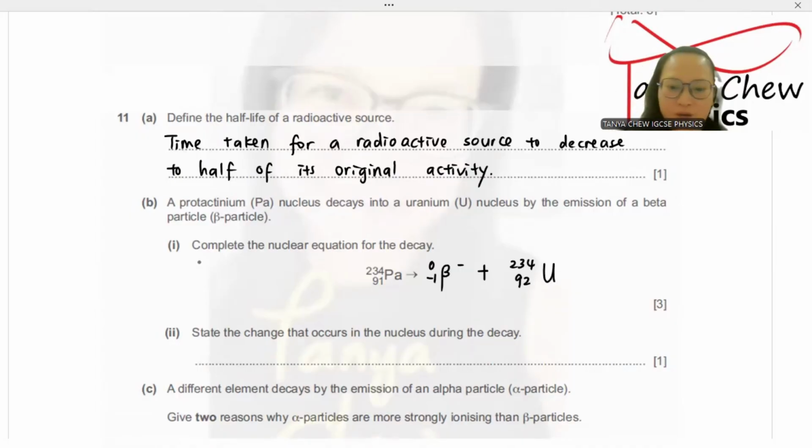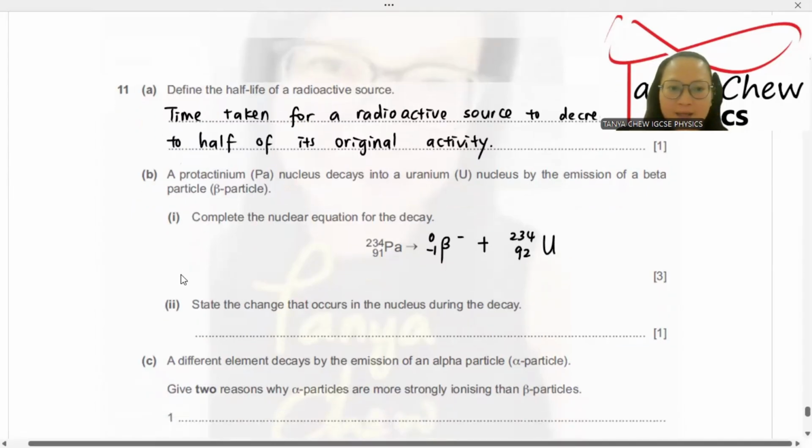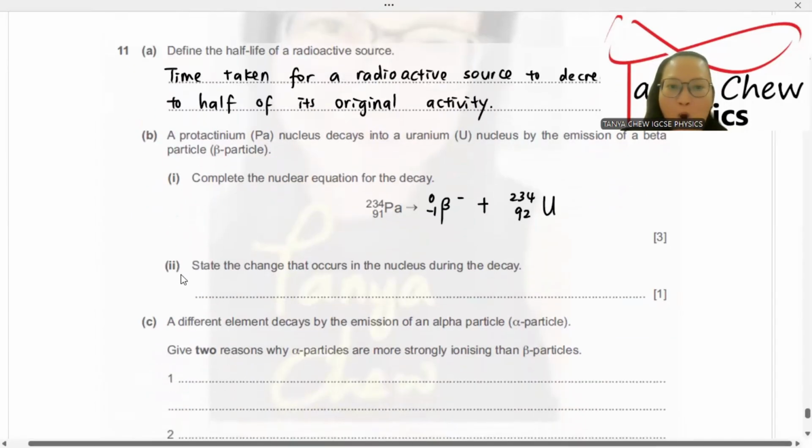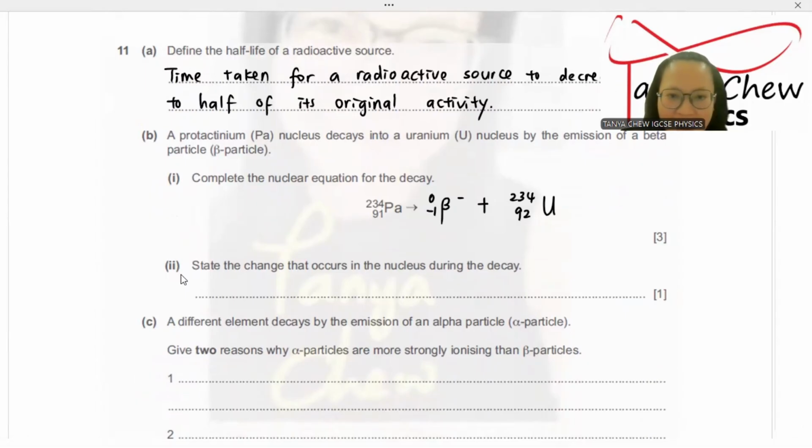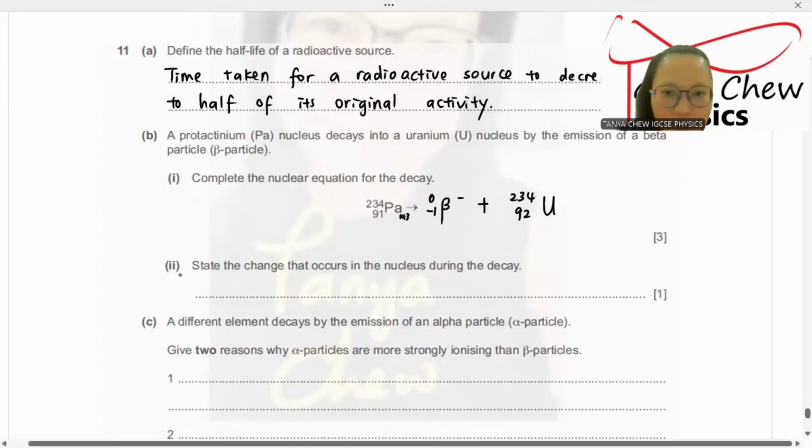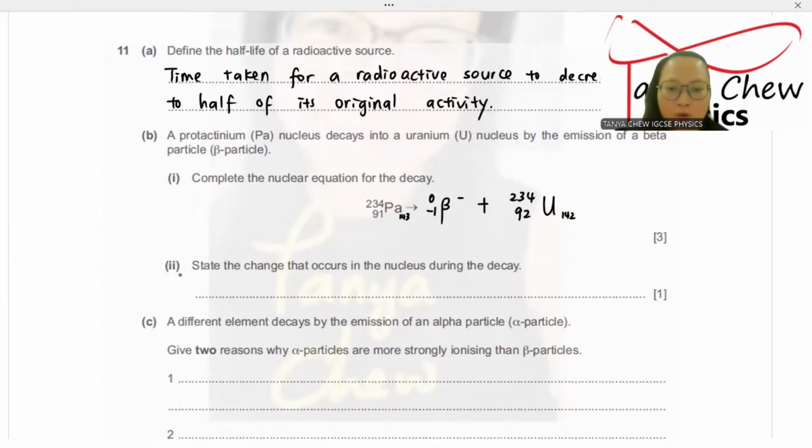This is uranium. And the second part, state the change that occurs in the nucleus during the decay. Could you see that 234 minus 91, you have 143 neutrons, and for uranium 234 minus 92, you have 142 neutrons.